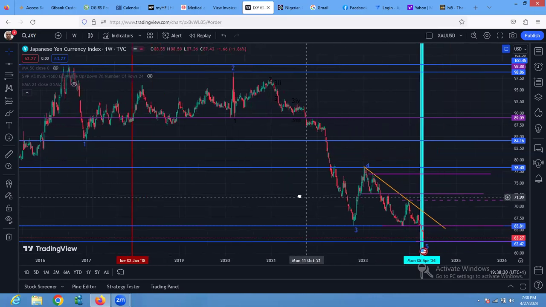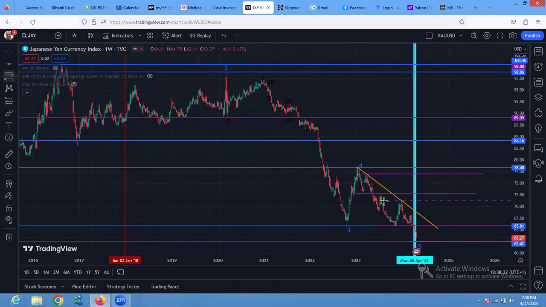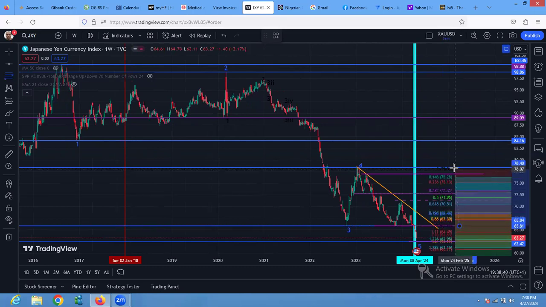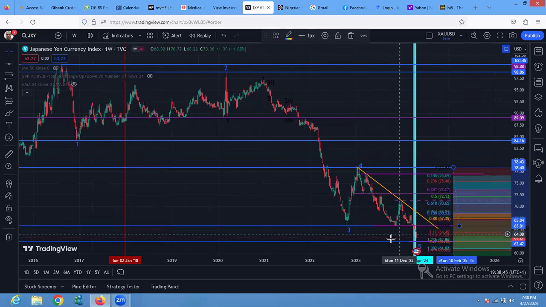So if we do that from 3 to 4, two to 4, we can see that 1 to 7 is falling here. So this is a potential place where we might be seeing reaction. Price is almost there.